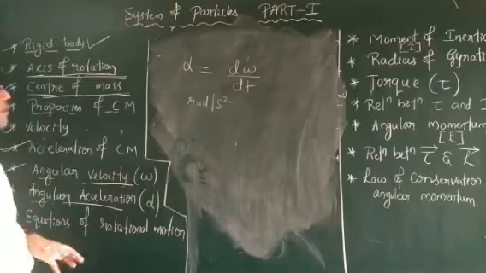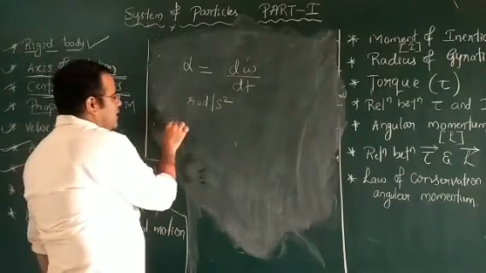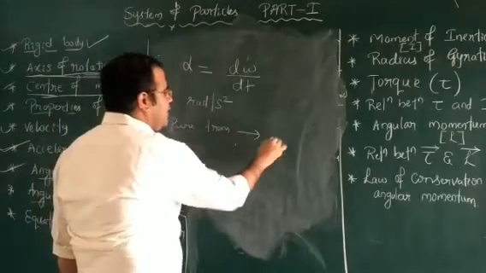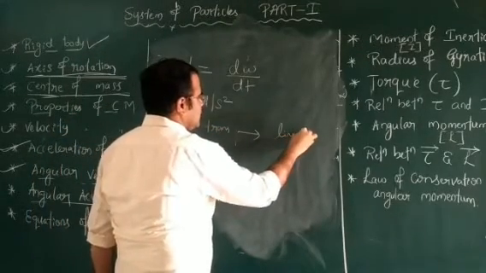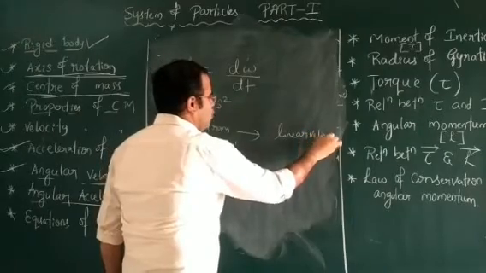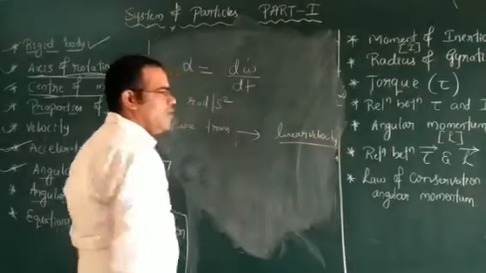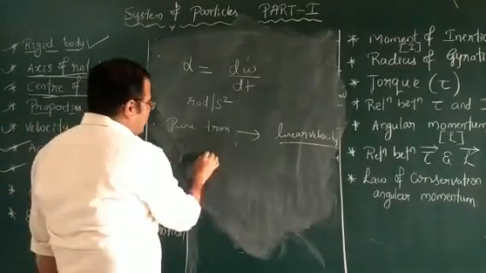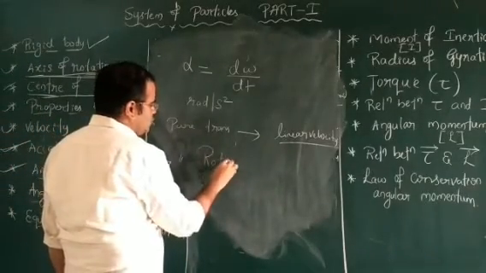So remember, in pure translatory motion, linear velocity is constant. Whenever we have pure translatory motion, the linear velocity is always constant for all the molecules.